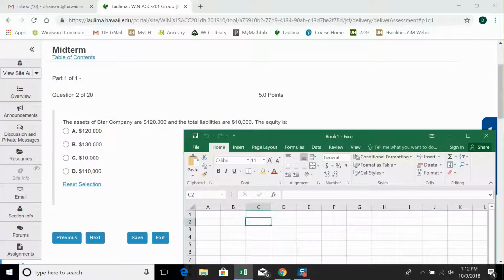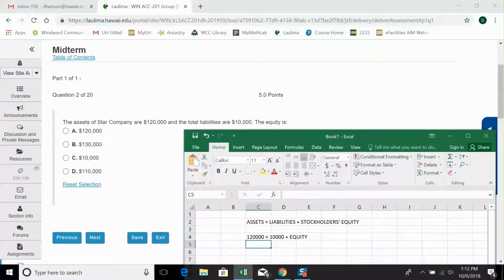So down here, if you remember the accounting equation, assets equal liabilities plus stockholders equity, okay, which we could say equity for short. So they're telling me that the total assets are 120,000. Okay, and if I just build that into my equation, and total liabilities are 10,000, okay, and we don't know what equity is, we're kind of solving for equity.